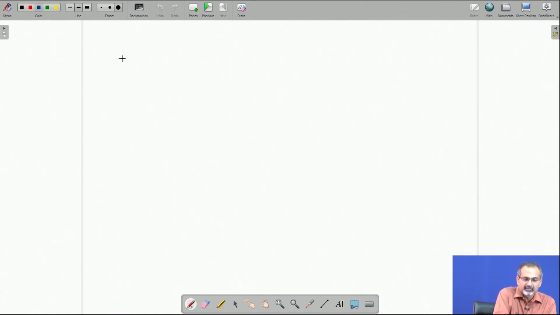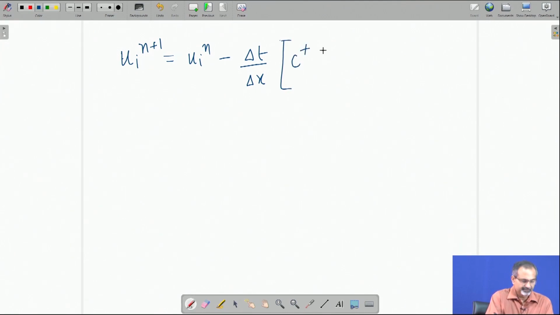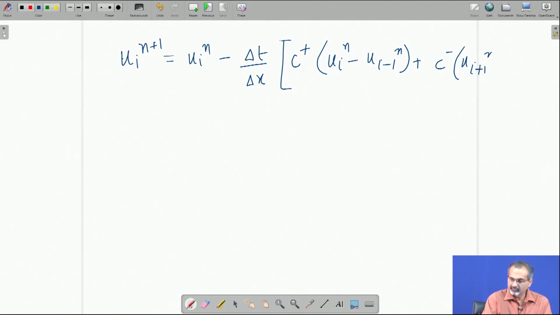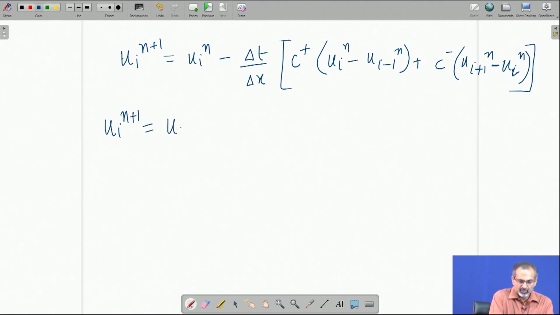As we do this, we can represent the first order upwind scheme in a more general form, where you can cater to both positive as well as negative wave speeds. So, this is how one would write it. And if you substitute the values of C plus and C minus and do a little bit of arrangement, you will be in a position to show it this way.